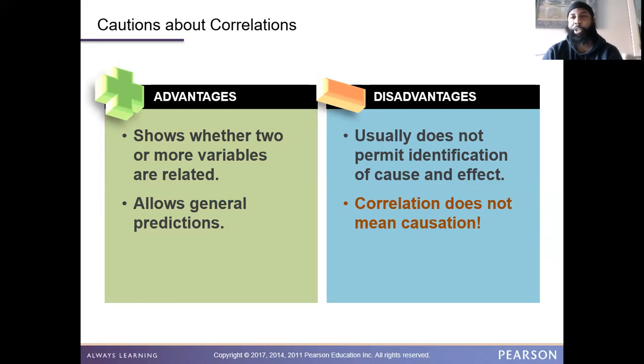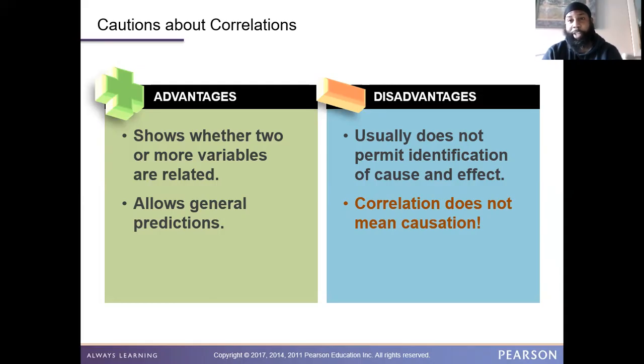Correlation does not mean causation is a catchphrase that I've been hearing since I was in your seat as an undergraduate at my own intro class. I'm here to tell you now that you will hear this phrase in your intro class and in your undergraduate career, all throughout your time as a psych major, your master's program, and your doctoral program.